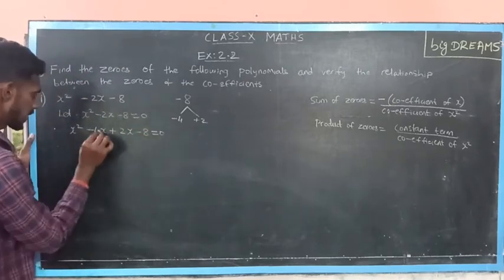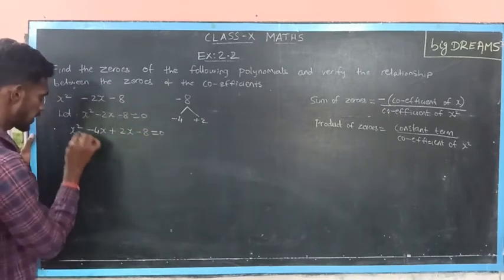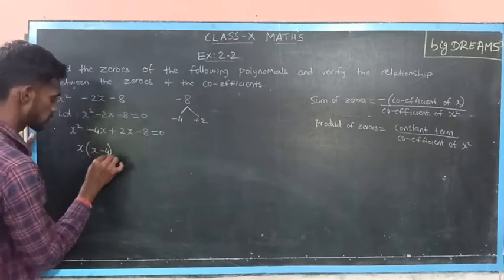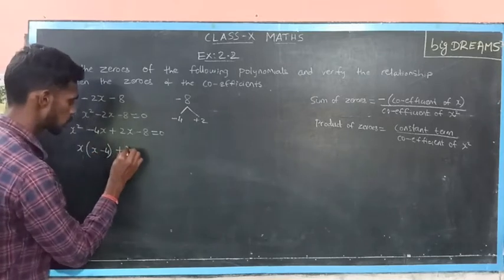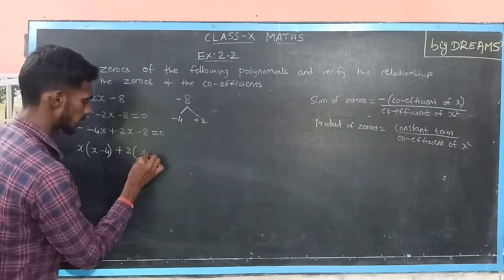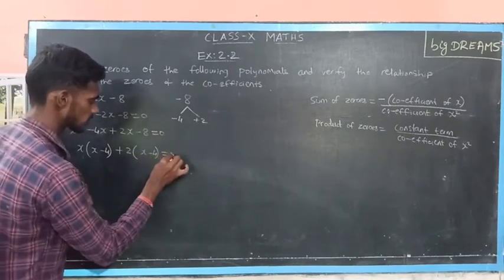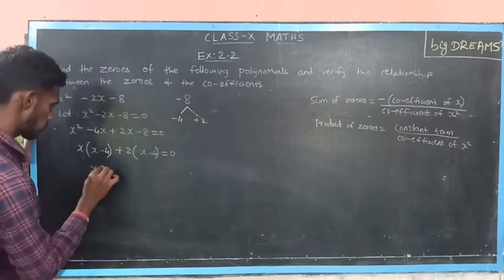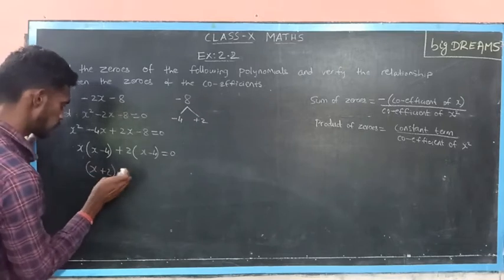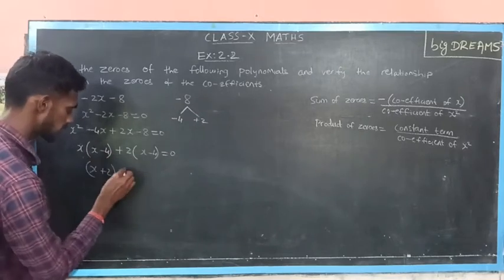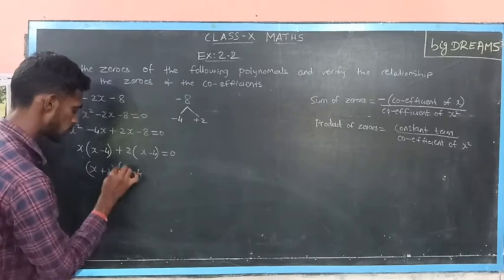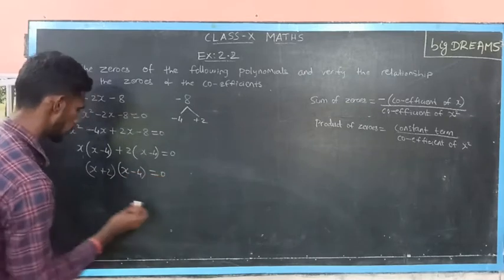Then taking x as common I will get x minus 4, and taking plus 2 as common, x minus 4. So combining these terms, x plus 2 into the common term x minus 4. So x plus 2 into x minus 4 is equal to 0.